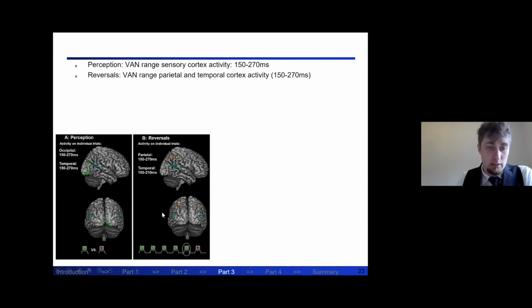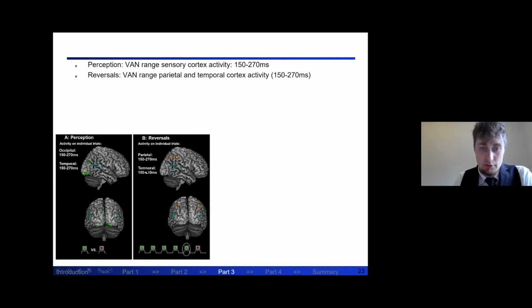So if you look at the sources that were predictive of perception, so which of the two things people reported seeing on each trial, it's these occipital and temporal area sources in this time window that was exactly around the N2 reported in the Dehaene paper, but also reported in all these visual awareness negativity papers.